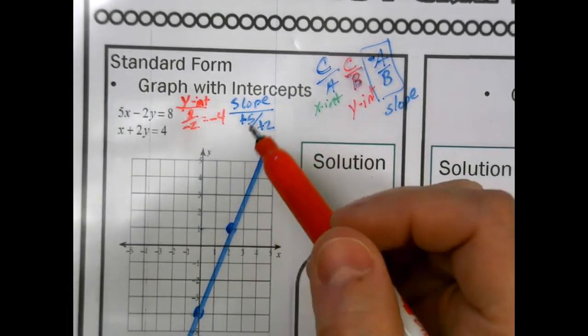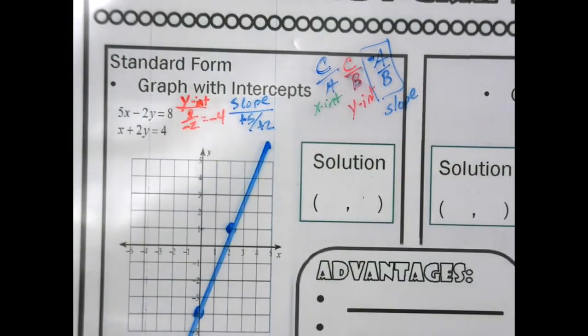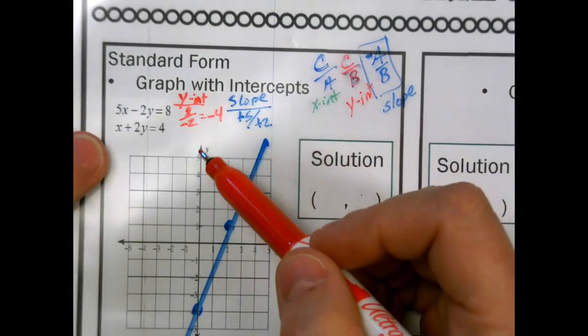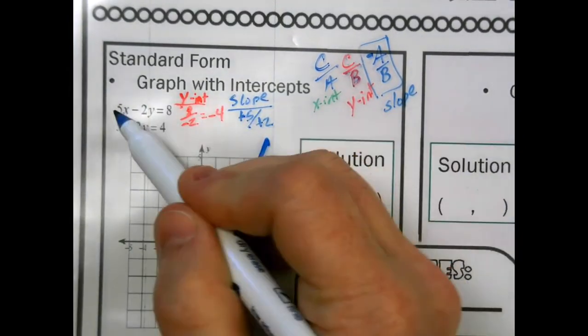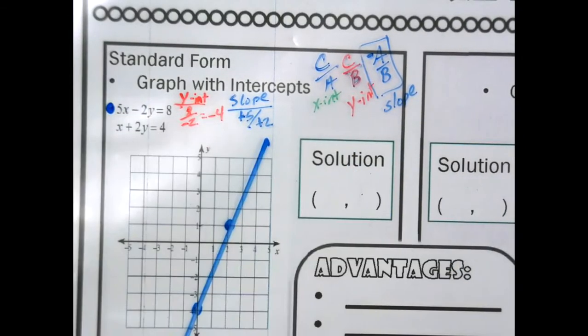Okay, second equation. I'm also going to do something else. If we're color coding our lines, then put a dot beside them, or underline it, whatever color you graphed it.